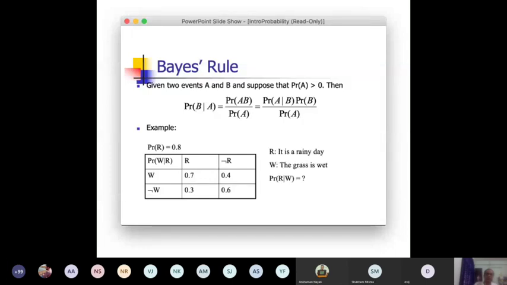Now the question is: suppose it's a rainy day, and suppose W is the grass is wet. What is the probability the other way? That is, what is the probability that it has rained given that grass is wet? So there you can apply this Bayes rule.